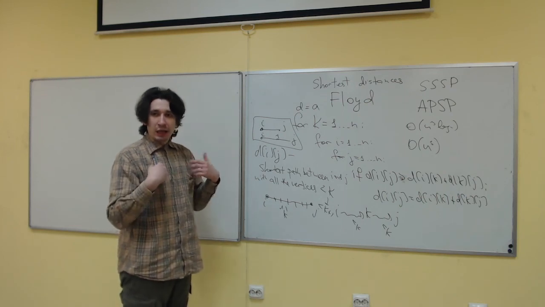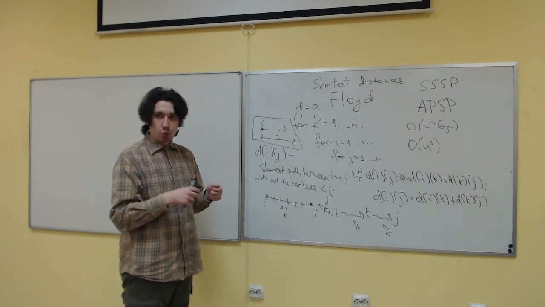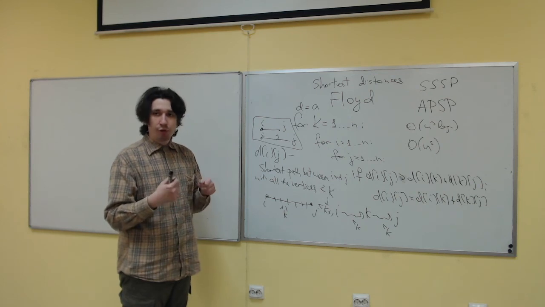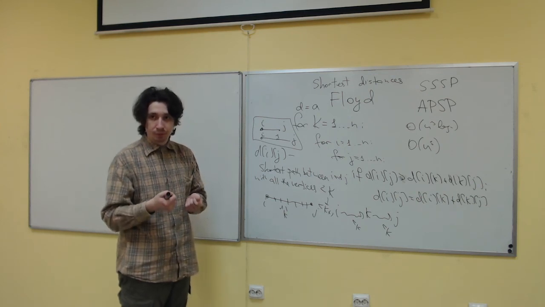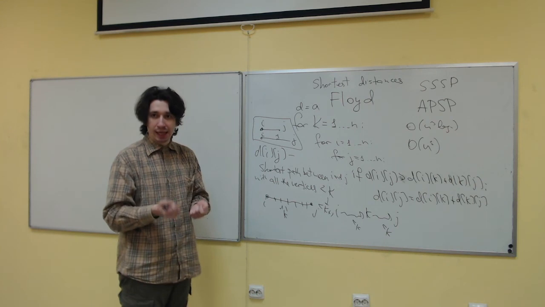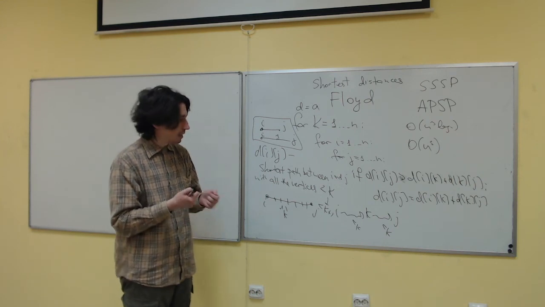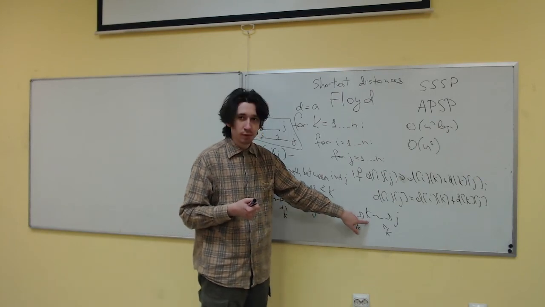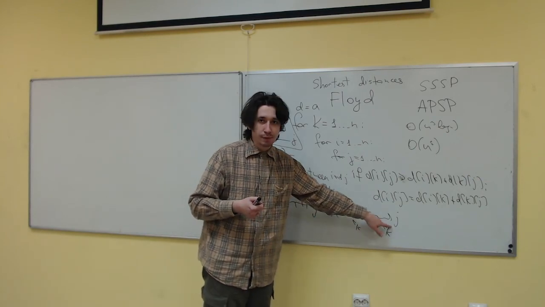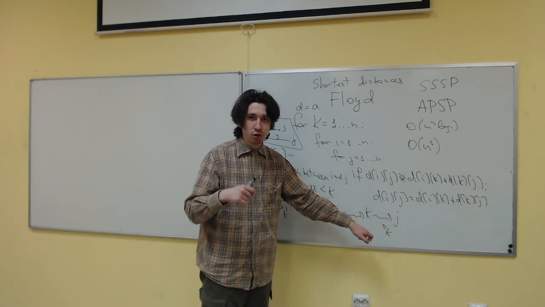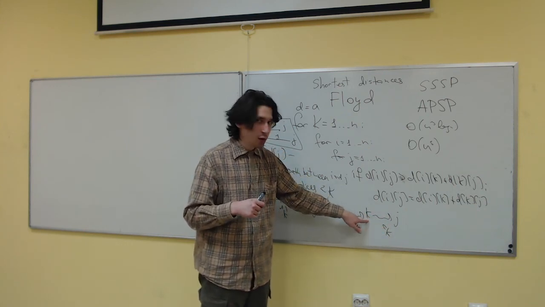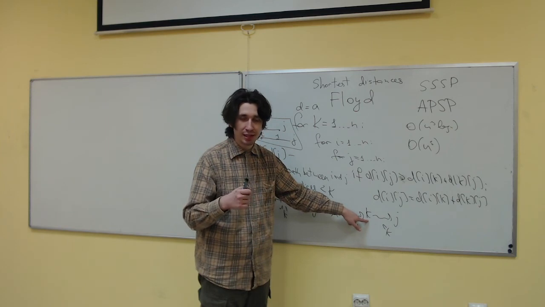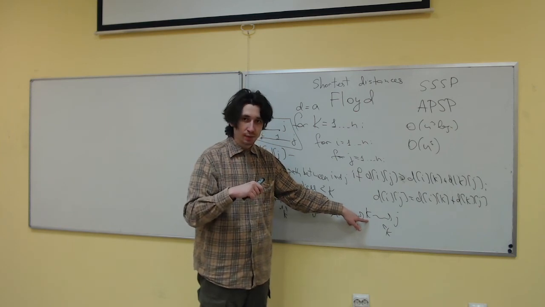Then we allow our paths from each vertex to another to go through vertex k. Then how does the path look? It's from i to k and from k to j. But instead of k, we allow passing only through the vertices that are less than k.